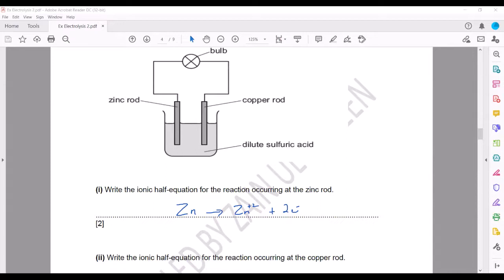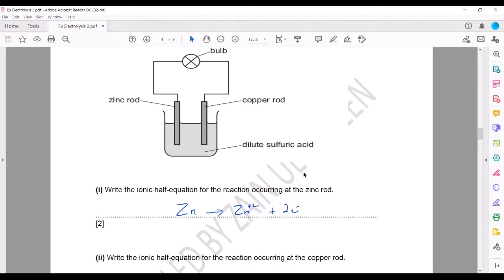One is for mentioning that the zinc atom changes to an ion, which is 1 mark, and the electrons, when you mention them with a balance, will give you the second mark.